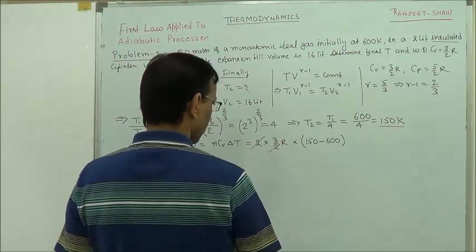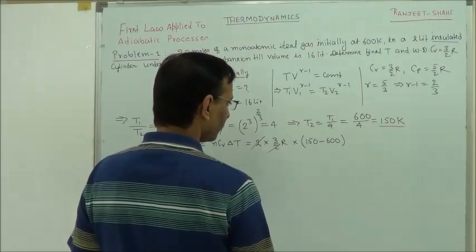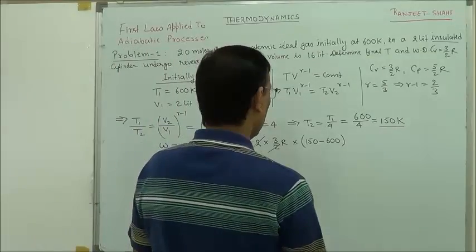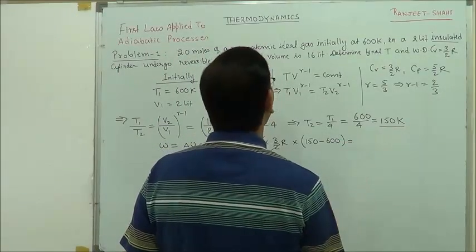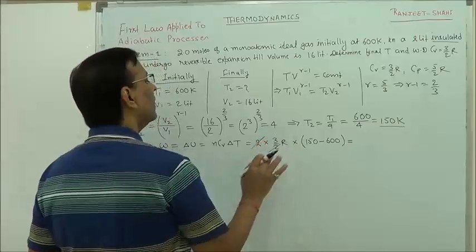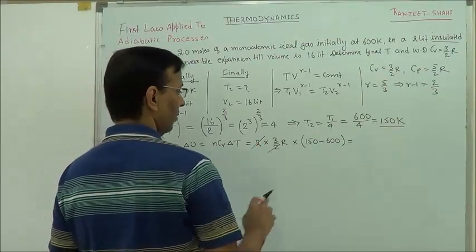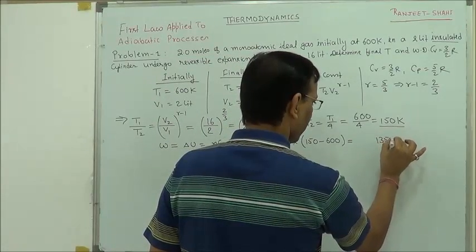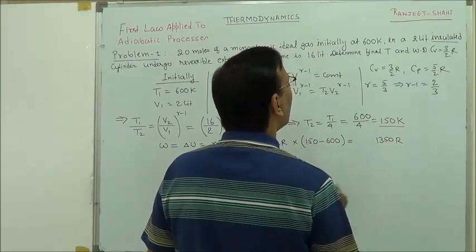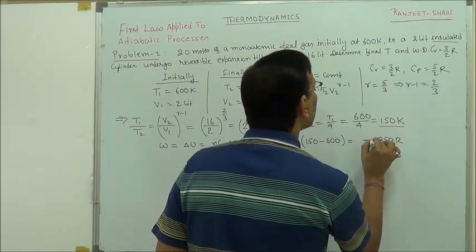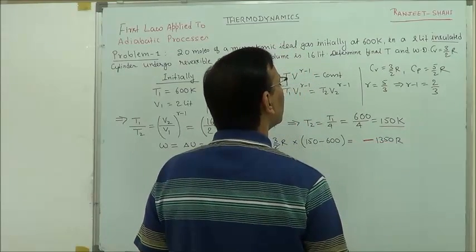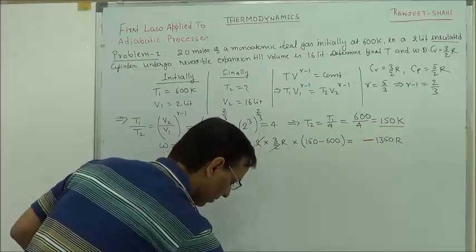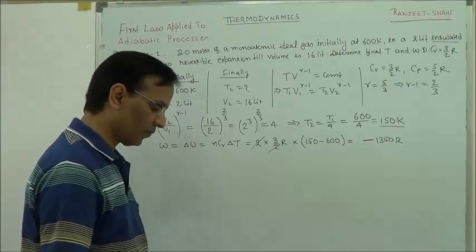This 2 will cancel off. It is 450, so it will be 450 into 3, 1350, but with minus sign. So 1350 R with minus sign. If we substitute the value of R, we can find the magnitude of work done.